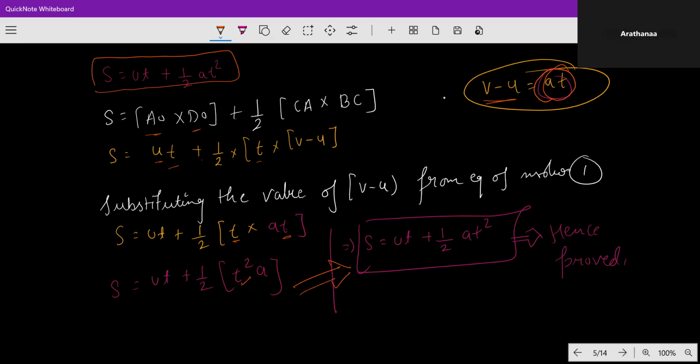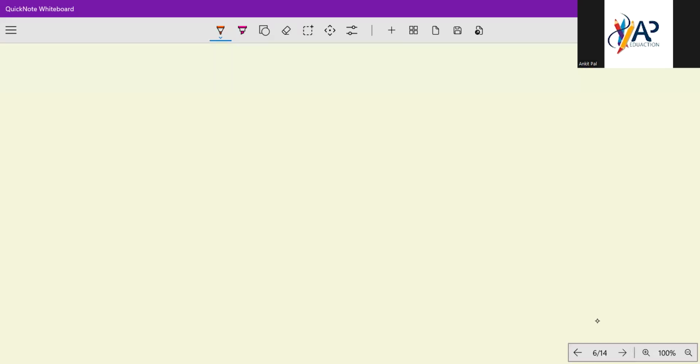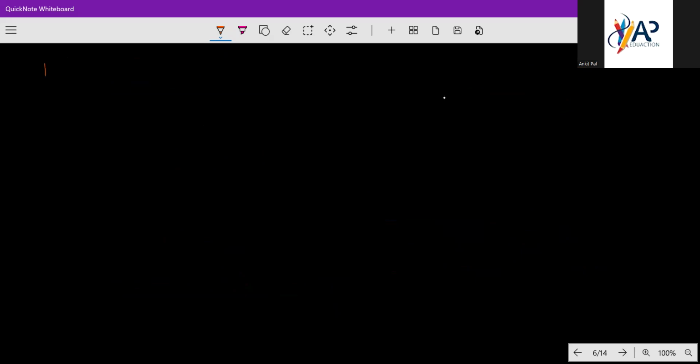Is there any doubt? No. Correct. Now we prove the third equation of motion, which is v square minus u square is equals to 2as, right?